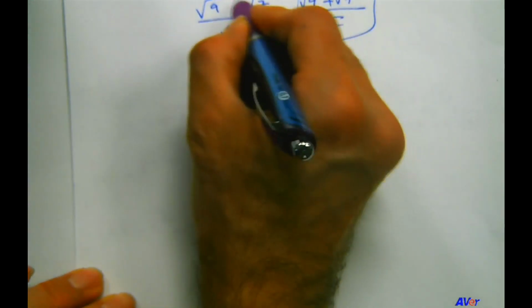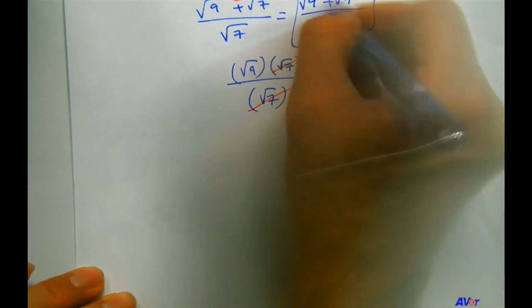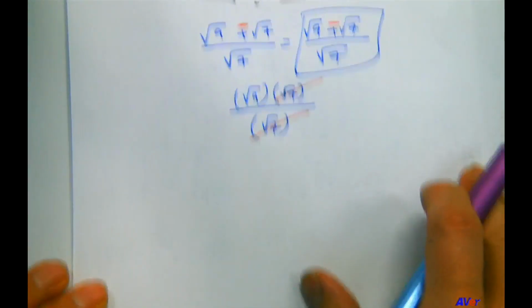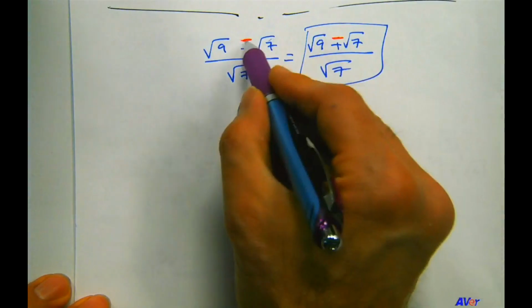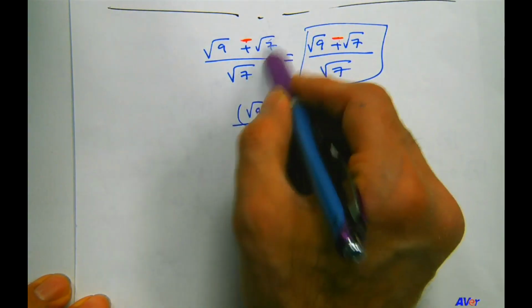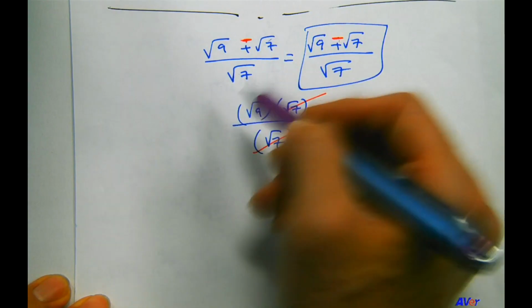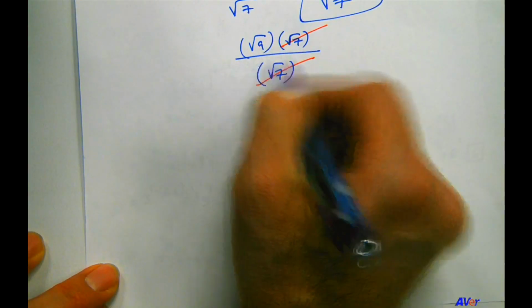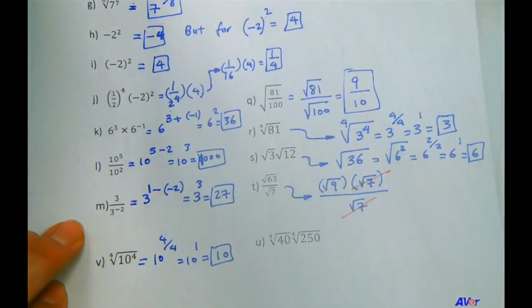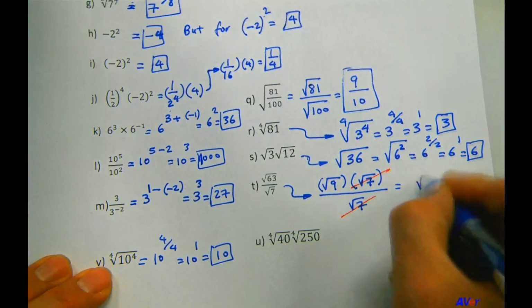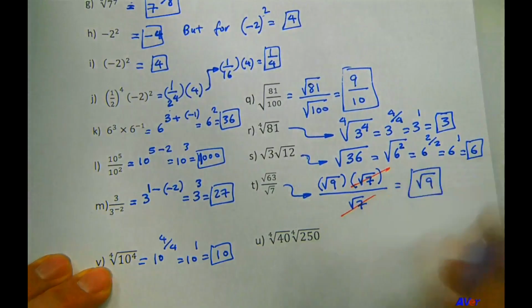If you had a minus here, you still could not cancel this square root of 7 with this square root of 7. You can cancel terms only if they're being multiplied. So in the case we have here, that's equal to square root of 9.